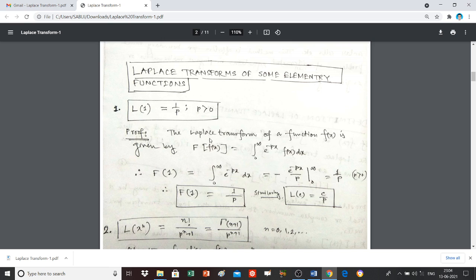And in the present case, f(x) is nothing but 1.